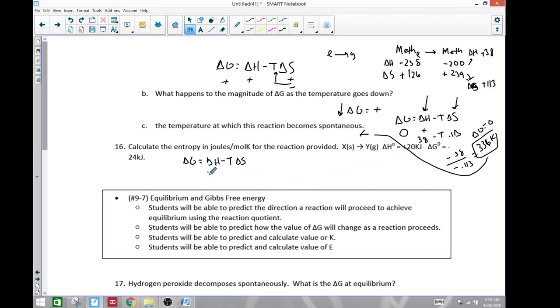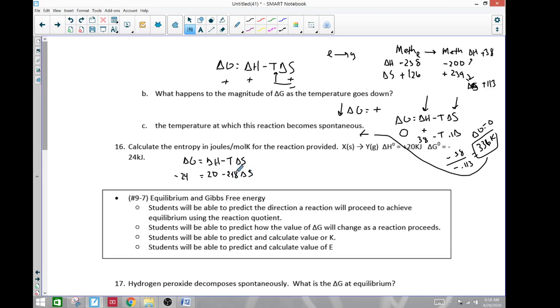Delta G looks like a negative 24, minus my temperature. I'm assuming we'll go with standard temperature then, 298. And then my delta S is what I want to solve for.